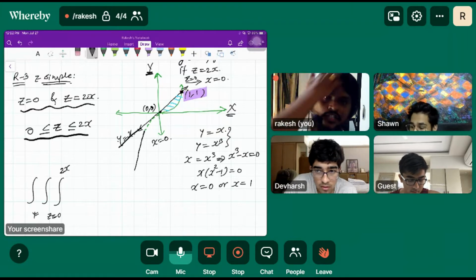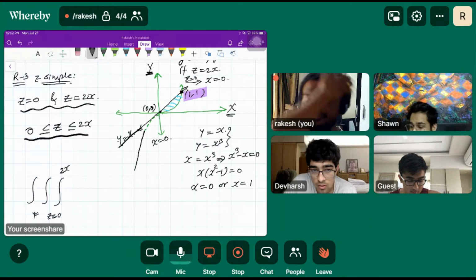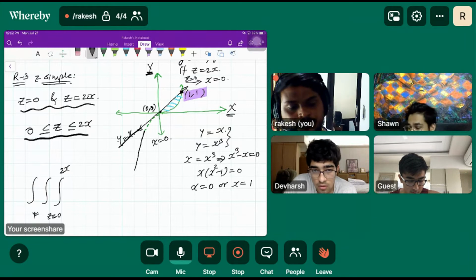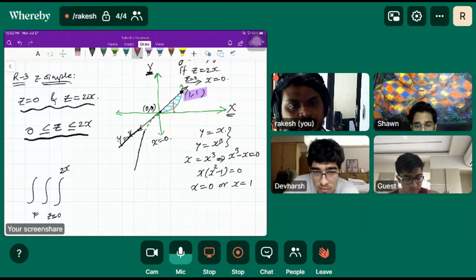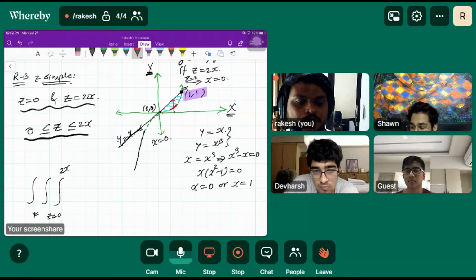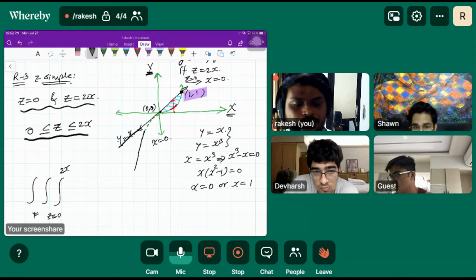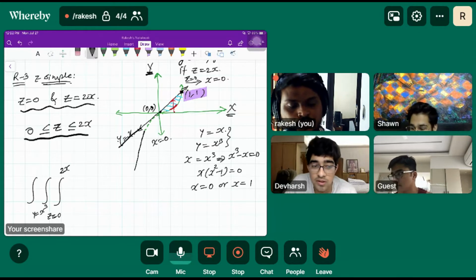Are you sure? Just look at the region on the xy plane. If you are going along the y direction, the lower function is x cube, the upper function is just x. So it will go from x cube to x.